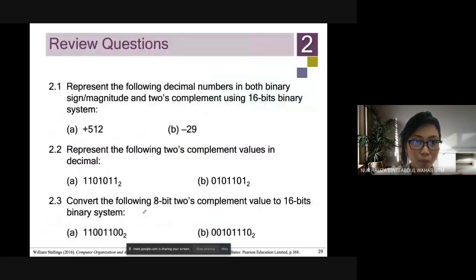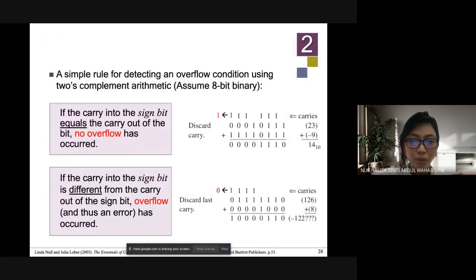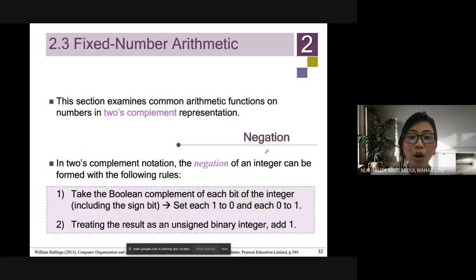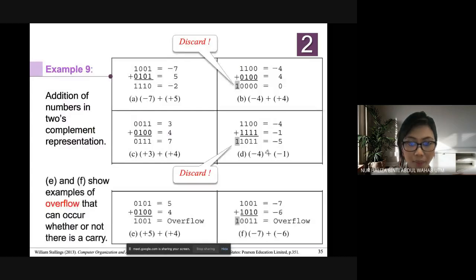You have to go back and forth many times. As long as you remember, you can see there are two rules. Okay, overflow will happen if you add two positive numbers but suddenly your result is negative. So it's going to be overflow.